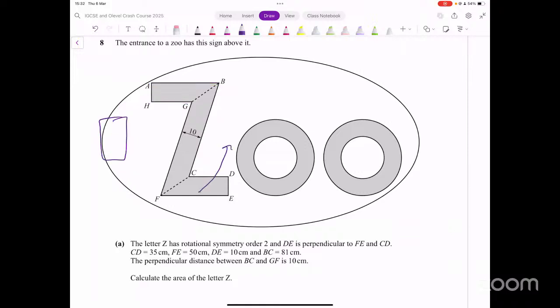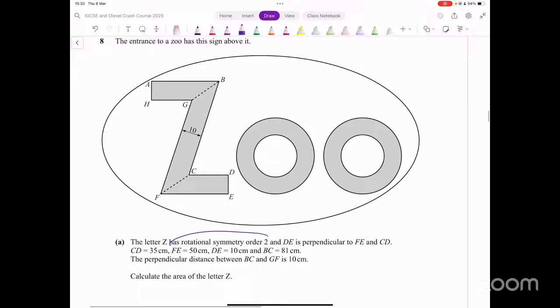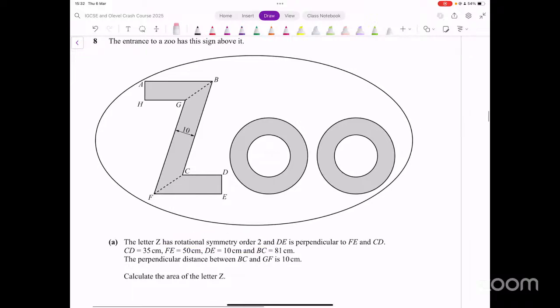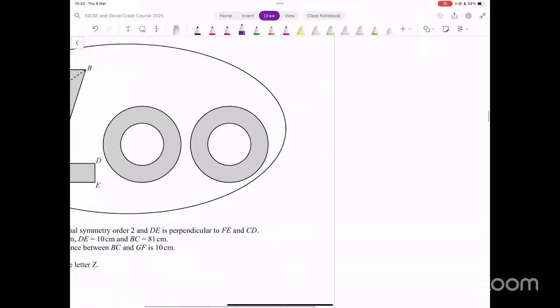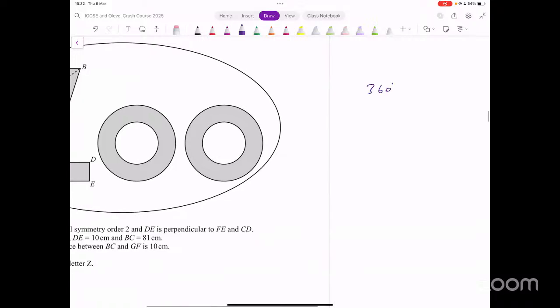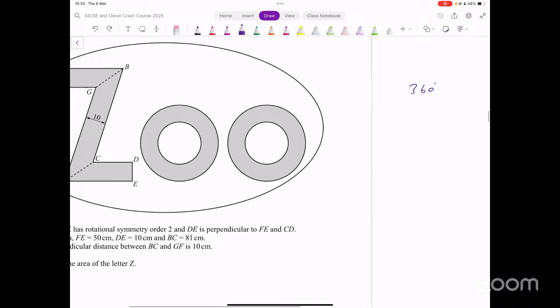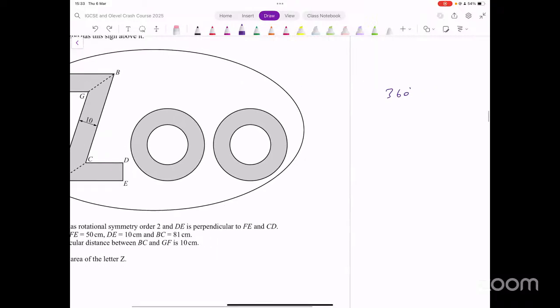And this part would go here if you rotate 90 degrees. If the rotational symmetry is of order 2, what that means is one full circle is 360 degrees, right? One full circle is 360 degrees. If the order is 2, that means if we divide 360 by 2, we get 180 degrees.